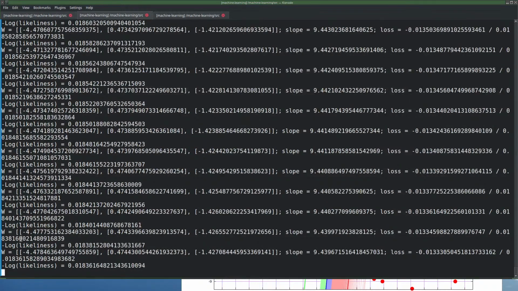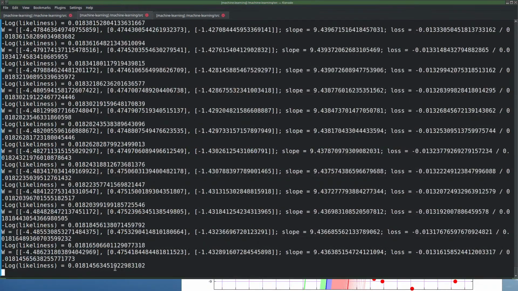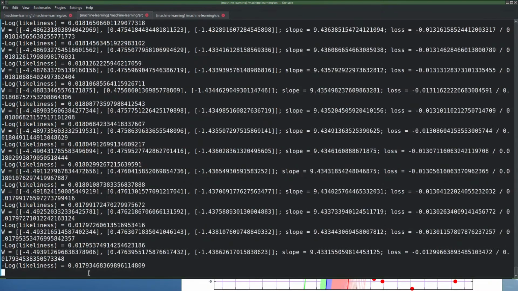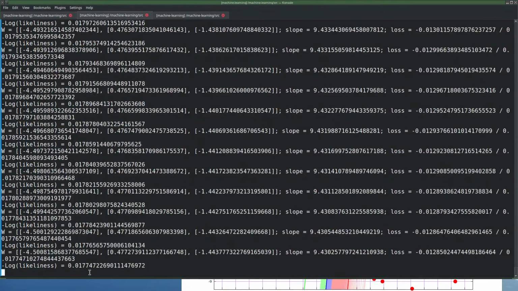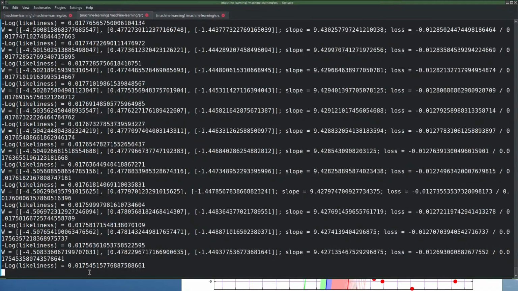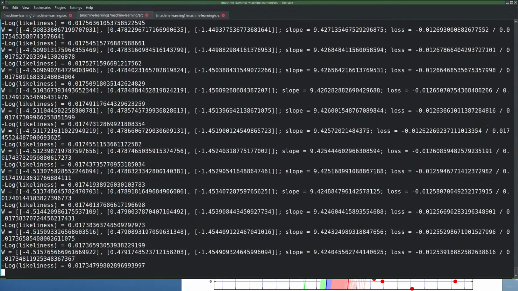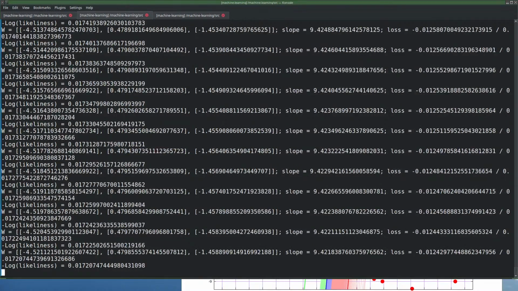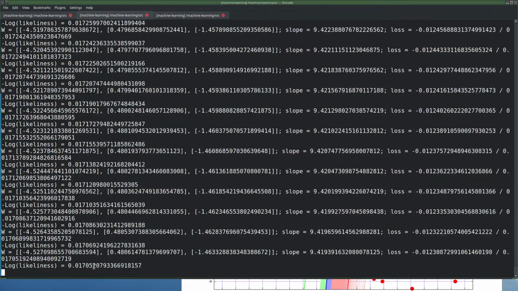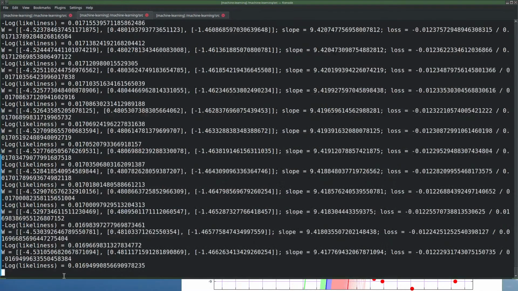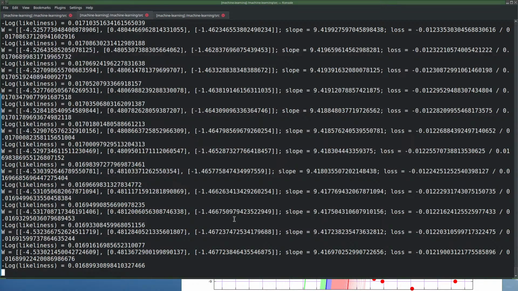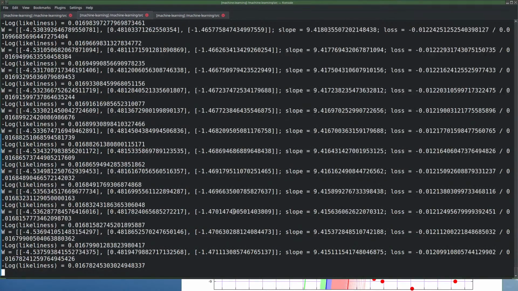In fact, looks pretty much the same as this one. Yeah, it's the same. Not exactly, but it's close to the same. These digits are the same, and then it starts changing.